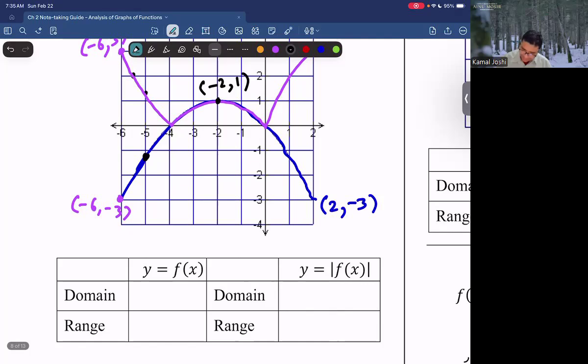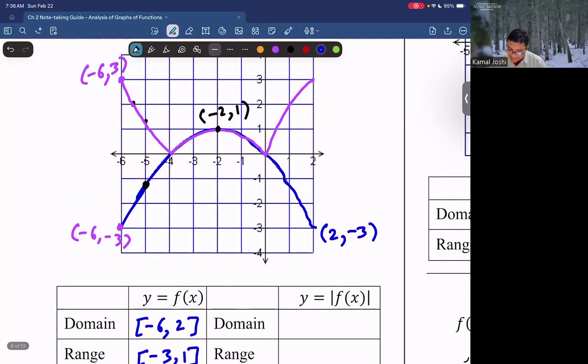Now in the original graph, if you see, the domain is from -6 to 2, right? That's the x value. The range is the y value. Please write that and check with me, right?